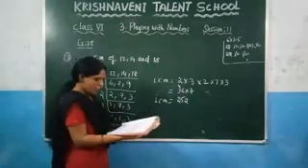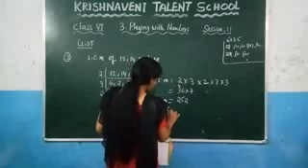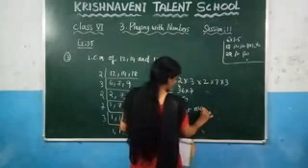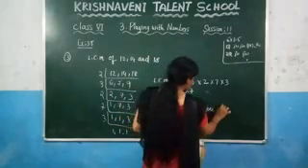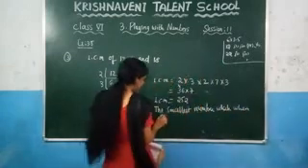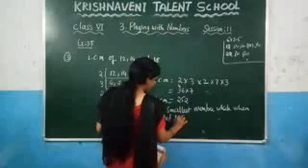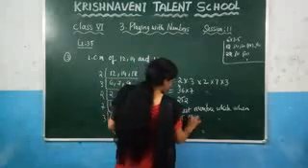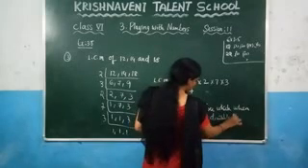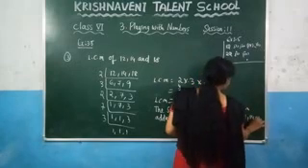Now what they asked here: the smallest number which when added to 5 is divisible by 12, 14 and 18.